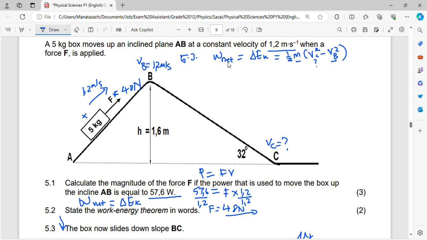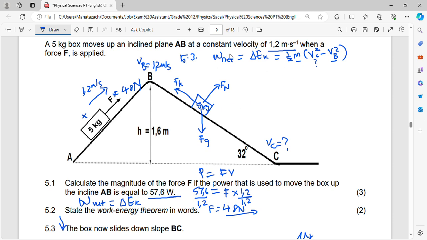Now what is the W net? For the W net, you'll realize that when the block moves down here, it's going to be experiencing the frictional force. Let's call it the Fk force. The other forces are the normal force, and here you'll have the weight, the gravitational force. These are the only forces acting on the 5 kg block.